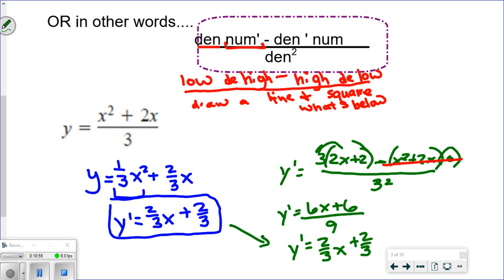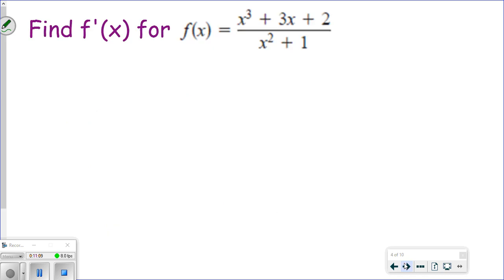Now, obviously the quotient rule is a little silly in this problem, but there's plenty of problems where you have to use the quotient rule. So let's look at some of those now. If you look at this one, because there's multiple things on the bottom, the only thing we could really do here is long division. And let's face it, long division's a pain in the you-know-where. So we don't want to use long division, so we can use the quotient rule.